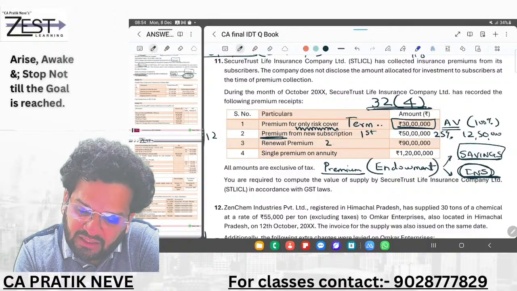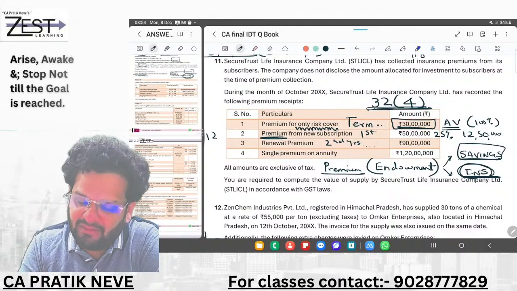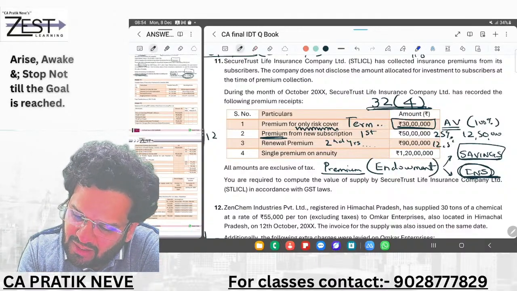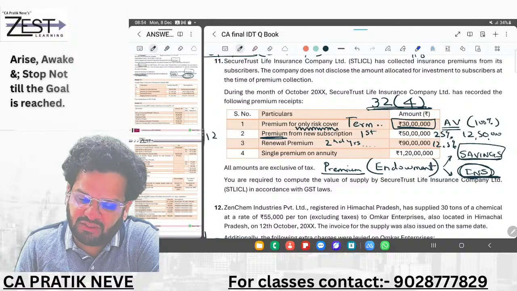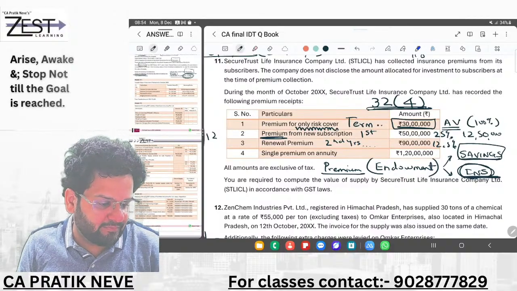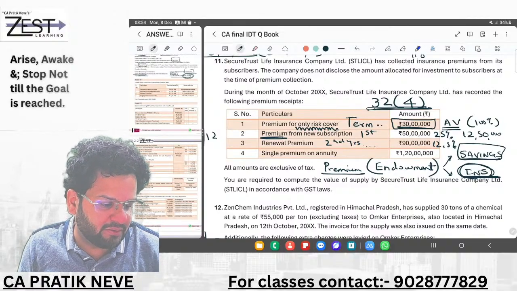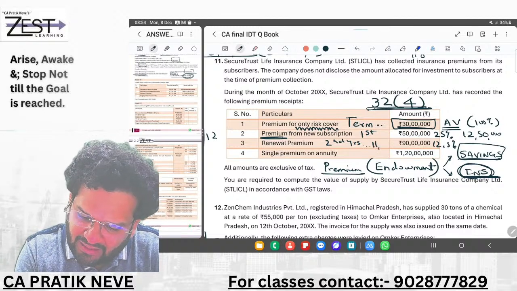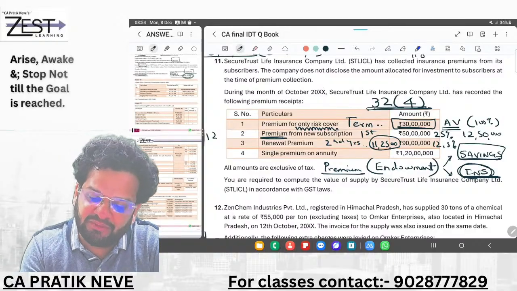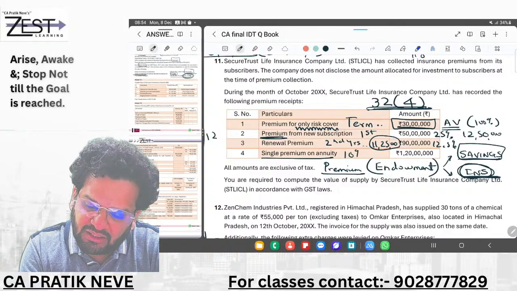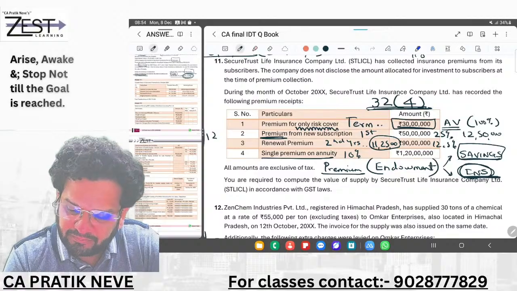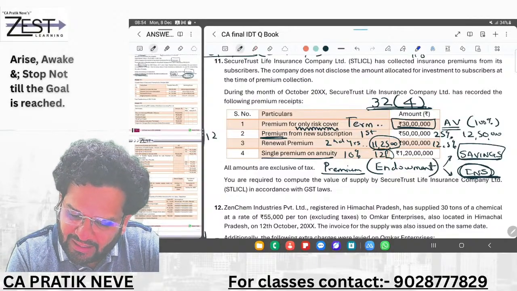For renewal premium, that is second year onwards, whatever premium is collected, assessable value is 12.5%. So 90 lakhs into 12.5%, 11 lakh 25,000 will be the assessable value. And in single premium annuity policies, 10% of premium is the assessable value. So in this case, it will be 12 lakhs.